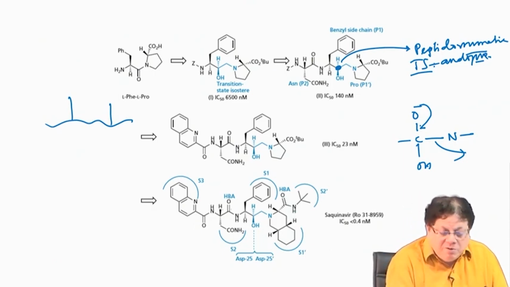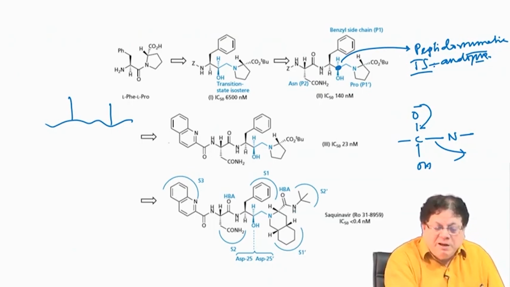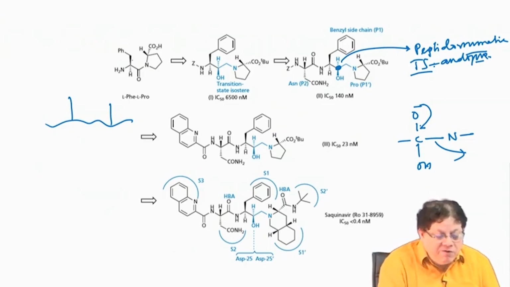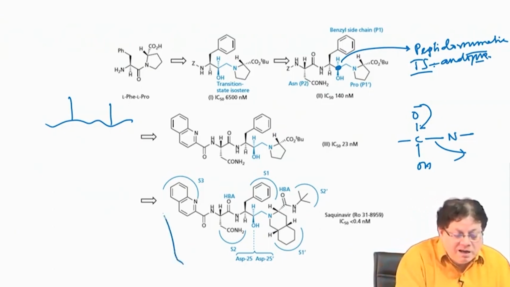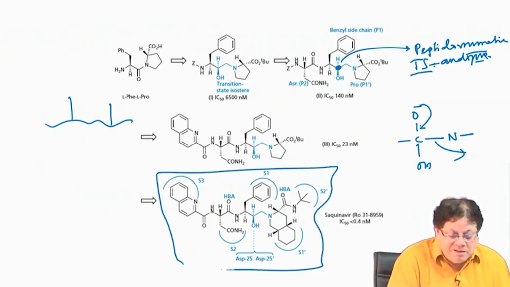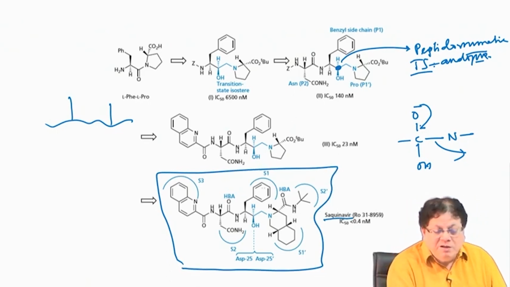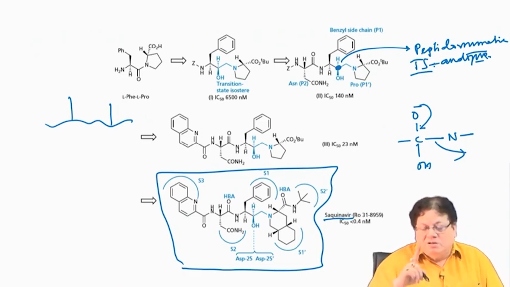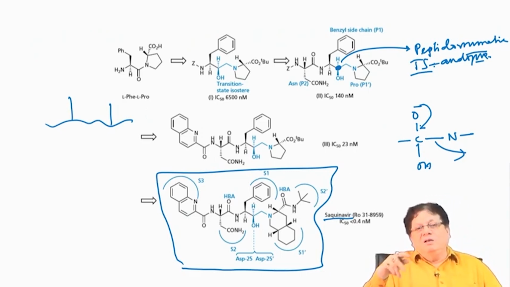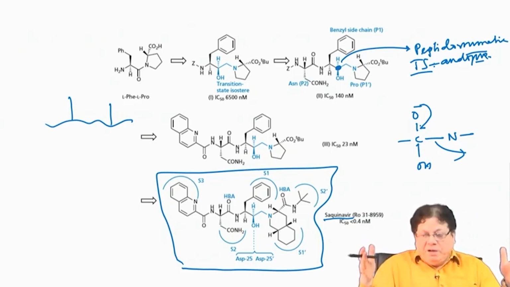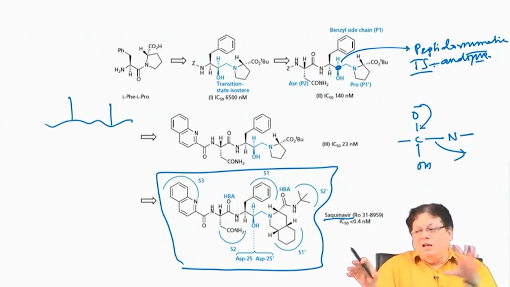Okay. So, we are not going into the details, it must be a trial and error, but they started with proline and L-phenylalanine, and finally, the drug that is now approved is called saquinavir. Saquinavir is a compound whose design is based on that peptide which it hydrolyzes, where there is a proline and there is a phenylalanine.